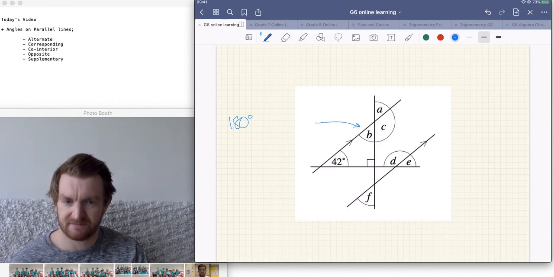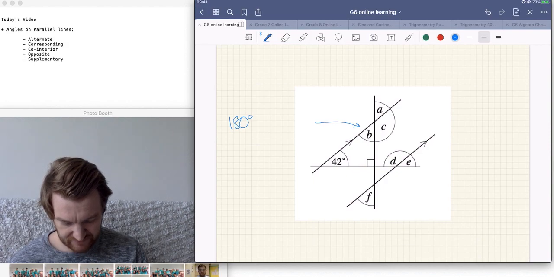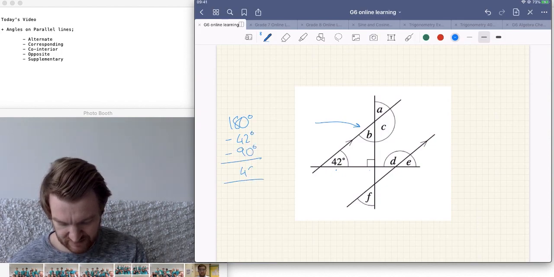That's what we did last lesson. If I subtract this 42 here and the 90 degrees here, I get 48 degrees left, which tells me B must be 48 degrees, because this is angles in a triangle. Let's make a note of it for later.